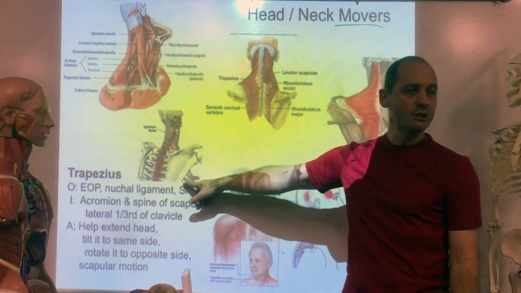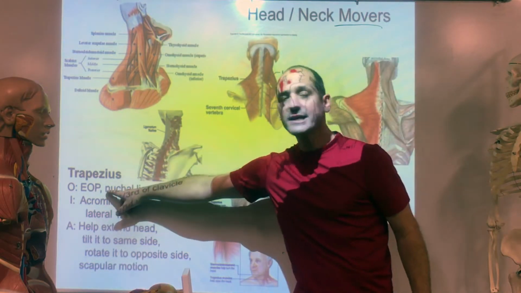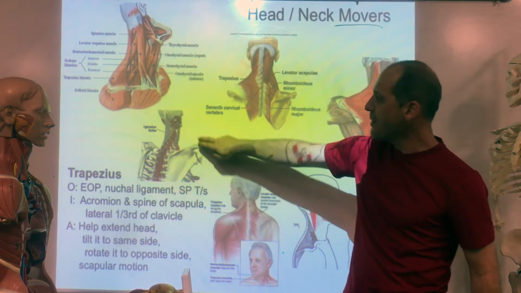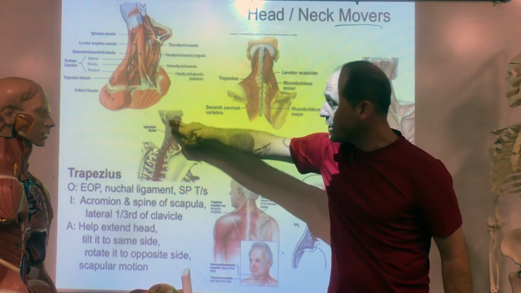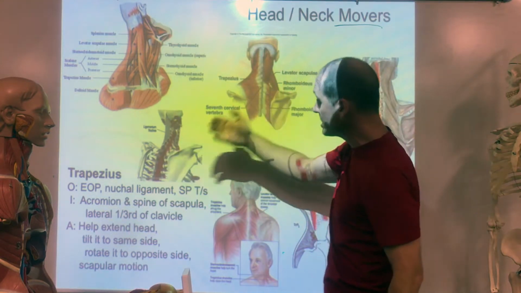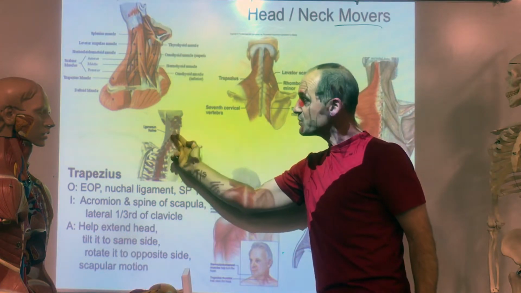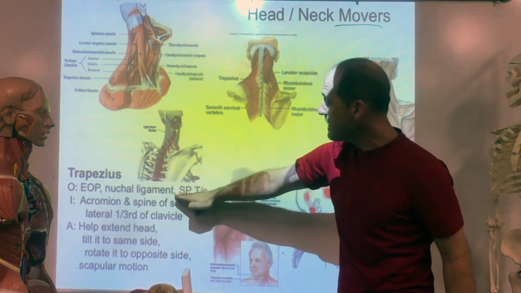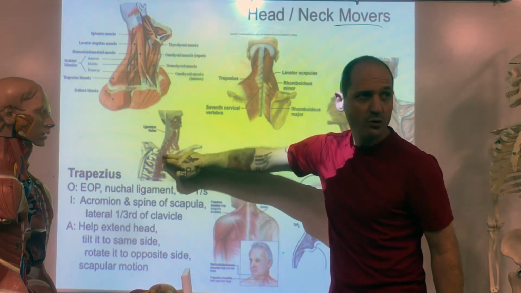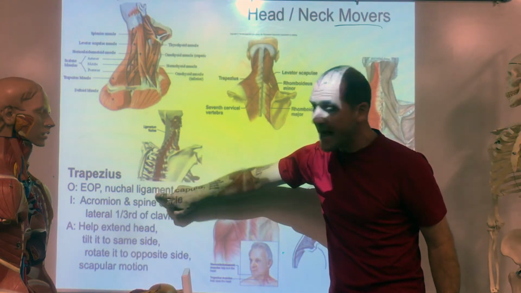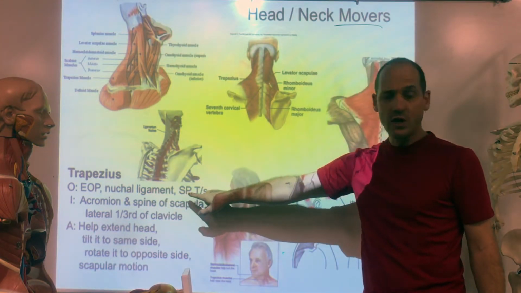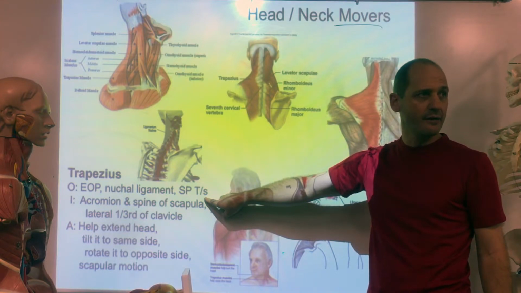So it's attached to the back of the skull at the external occipital protuberance, and it goes down the back of the neck, where there's a ligament that sticks behind from the spinous processes superficially towards the skin. They call that the ligamentum nuchae. And then it goes all the way down and attaches to the spinous processes, SP means spinous processes, of the entire thoracic spine.